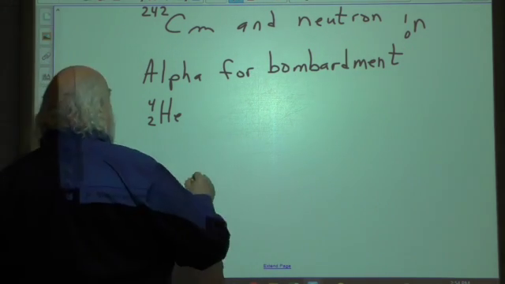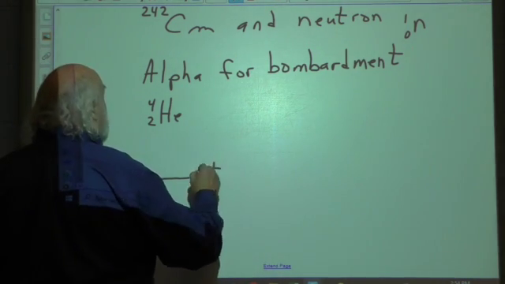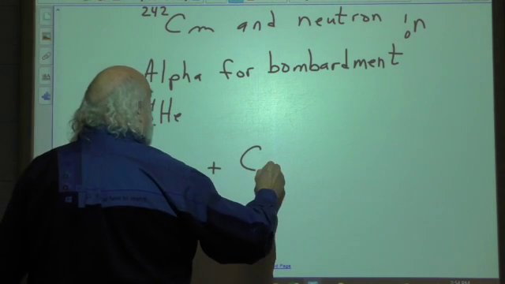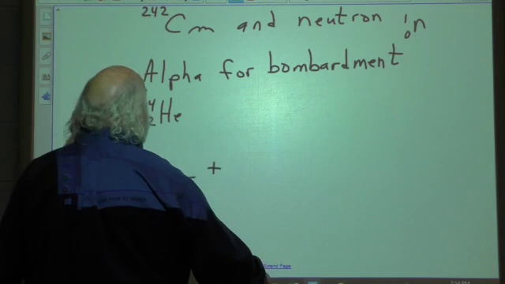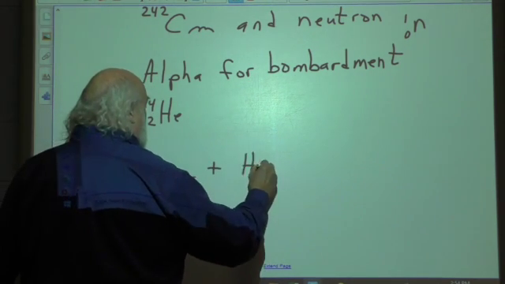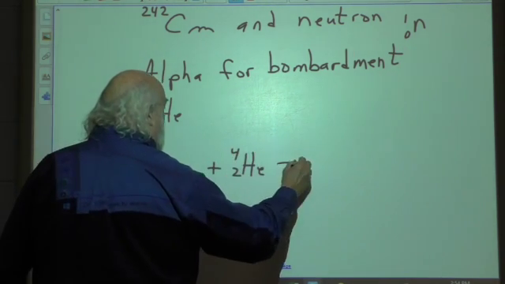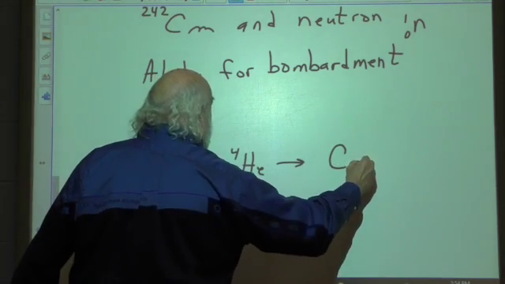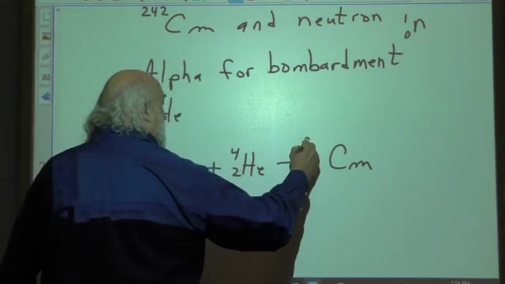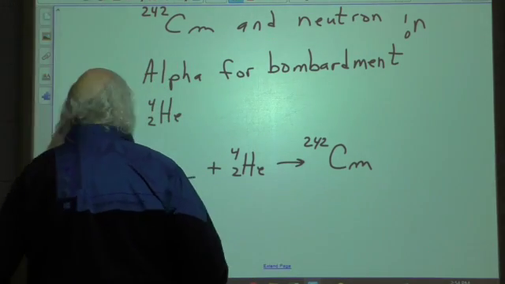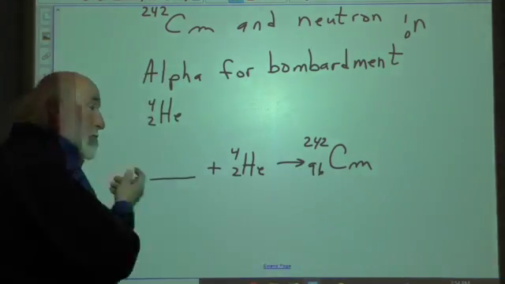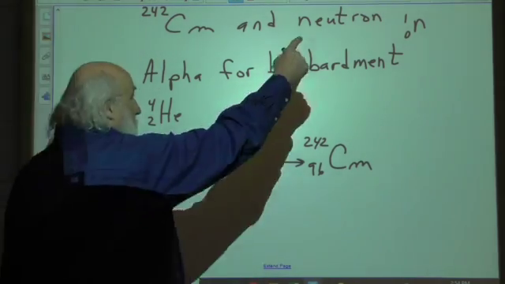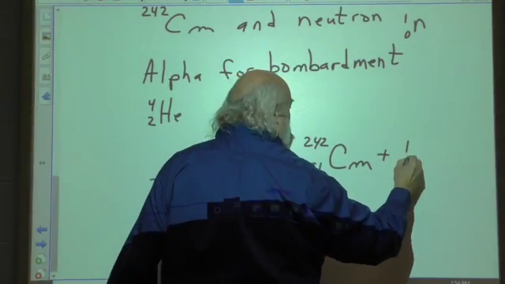So this will be blank plus the alpha particle, He-4-2, gives us the curium that we're trying to create here, which has a mass of 242. Now curium is element number 96, so there's 96 protons in there. And like we said, we know that a neutron is being created from this.